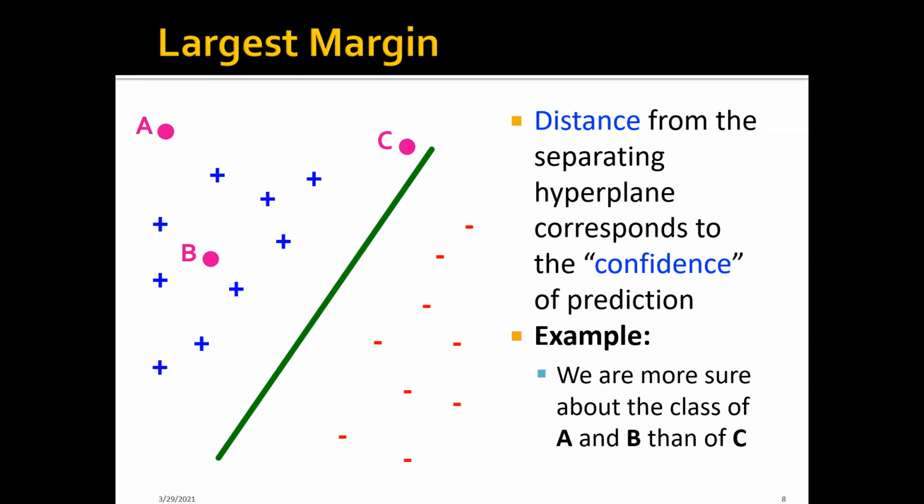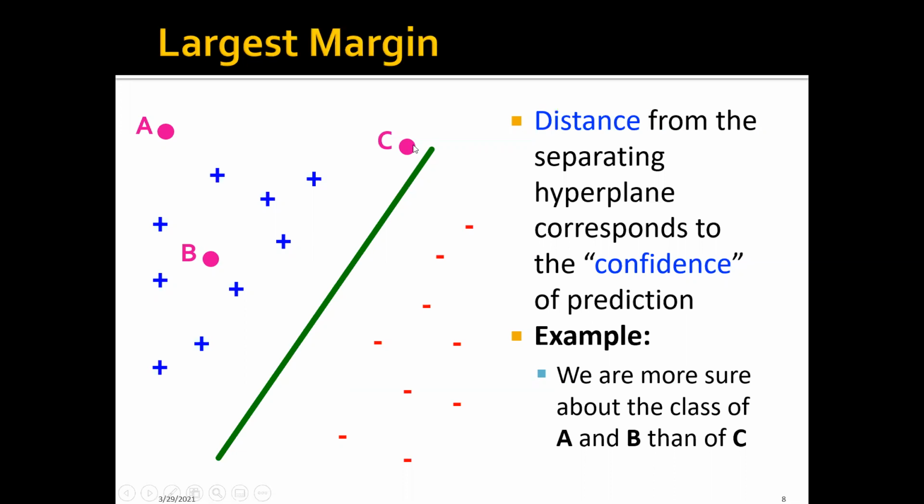Before answering this question, let's first introduce the notion of margin. We already know that the distance from the separating hyperplane or decision boundary corresponds to the confidence of the prediction. For example, say we have these 3 points, A, B, and C. Point A is very far away from the decision boundary, meaning that the model is very sure that point A will be positive.